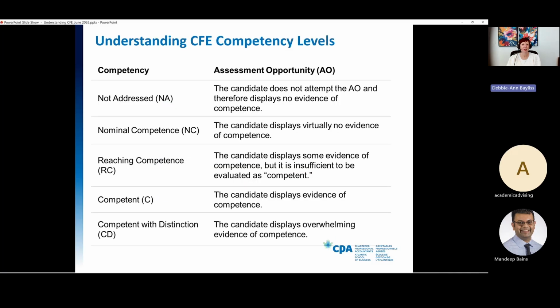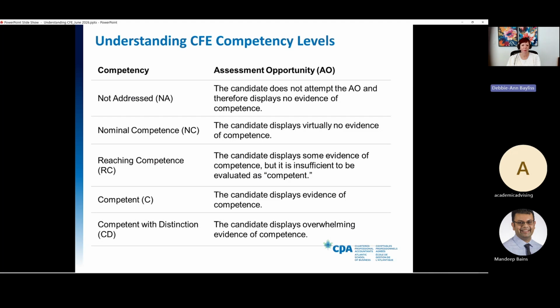So you've noticed I've talked about 2 specific ratings, reaching competent and competent. When it comes to assessing each of your responses for each of the assessment opportunities, there's a possibility of 5 different ratings. NA is not addressed, so you didn't address that assessment opportunity.